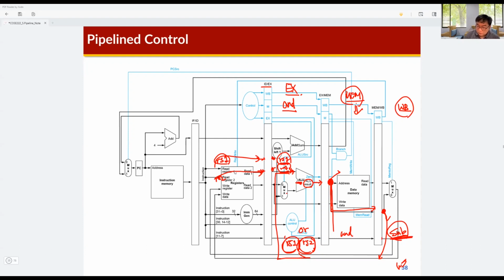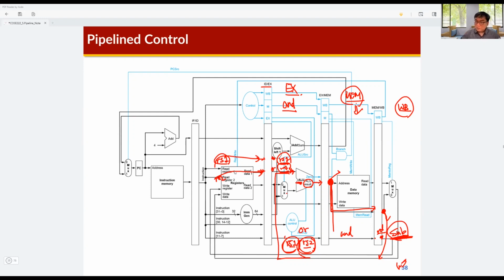So how do we check the forwarding condition? The RD of the sub instruction is this one, and the RS1 and RS2 of the OR instruction are here.